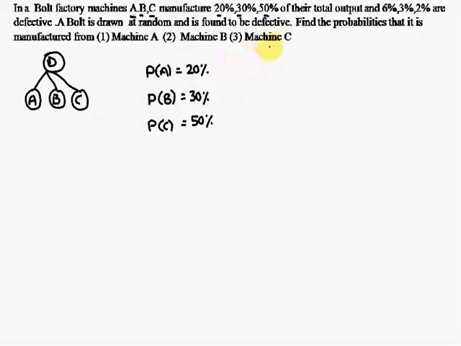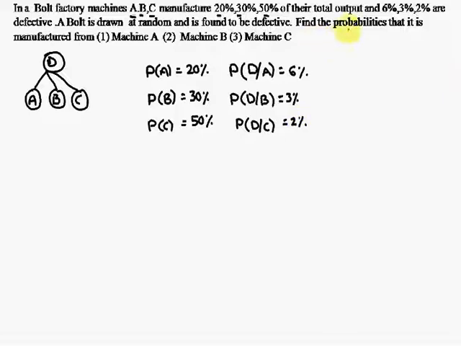So this 6%, in terms of notation, is probability of D given A occurs. Probability of D given B occurs is 3%. Probability of D given C occurs is 2%.